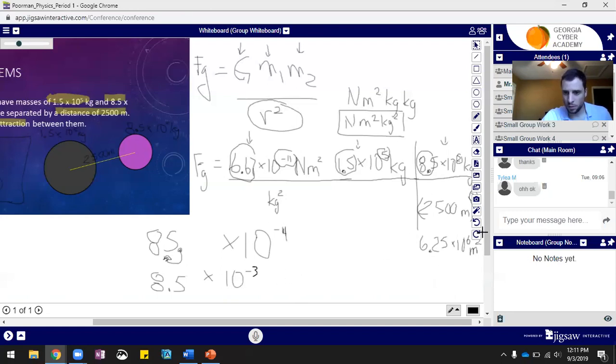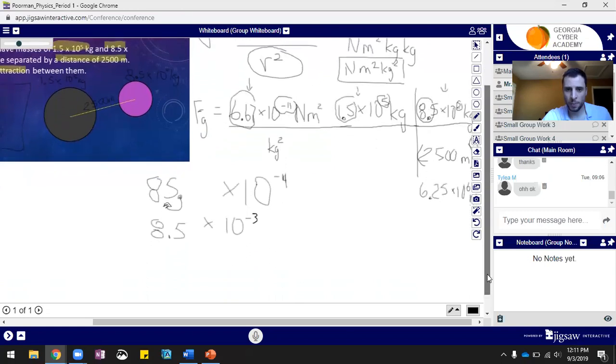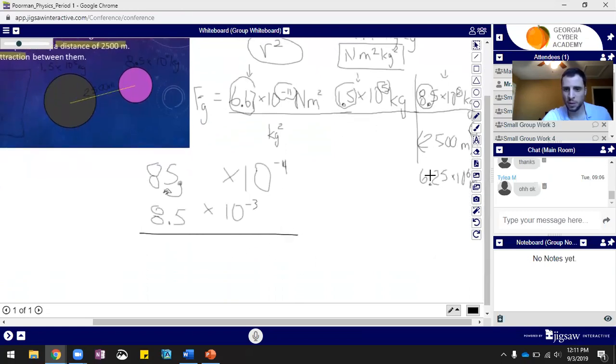And then let's do the bottom part. The bottom part, we have 6.25 times 10 to the 6th. We don't have any units on the bottom, but we're left with just newtons on top.